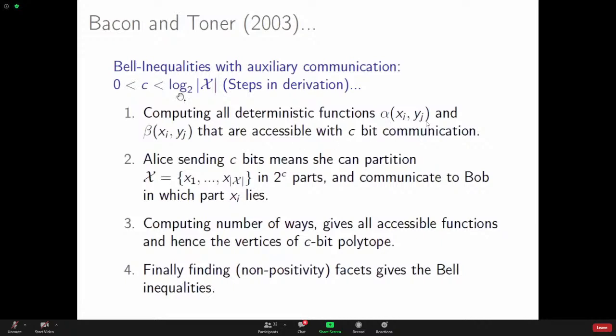So if this number of C bits is allowed, then one tries to compute all the deterministic functions. Now here is the detail of how one does this calculation. It will be interesting to go through it, maybe not now, but the details of the calculation one can look in the paper to understand this.